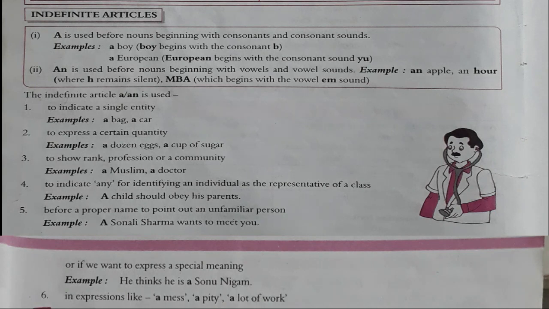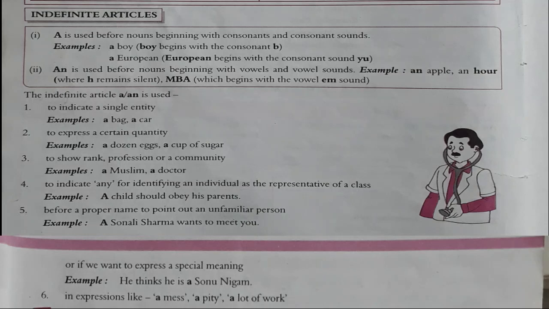Example, he thinks he is a Sonu Nigam. So here we are trying to express a special meaning out of the proper noun. I am talking about someone who thinks he is as good as Sonu Nigam. It means he sings as well as Sonu Nigam. Therefore, we can use the words 'a Sonu Nigam'. Otherwise, there is no point using it because Sonu Nigam is a proper noun.